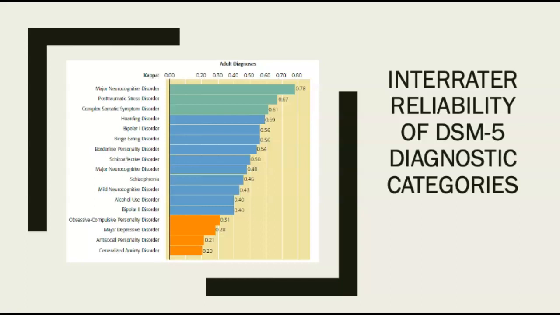And this maybe is interesting to some of you to see the inter-rater reliability be so low for MDD or GAD.